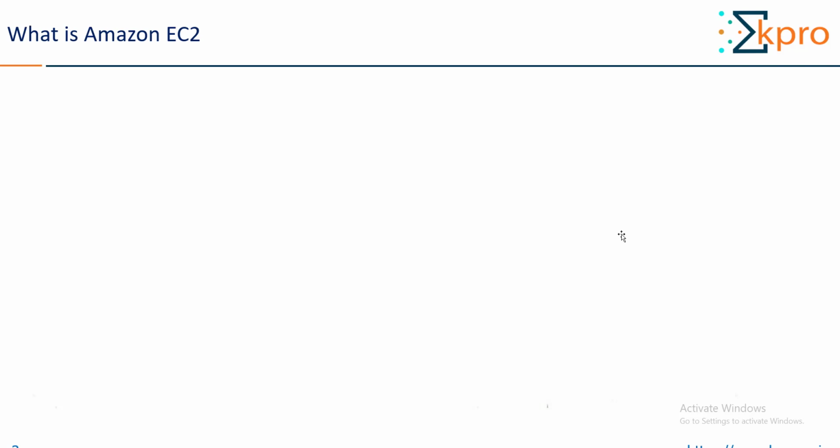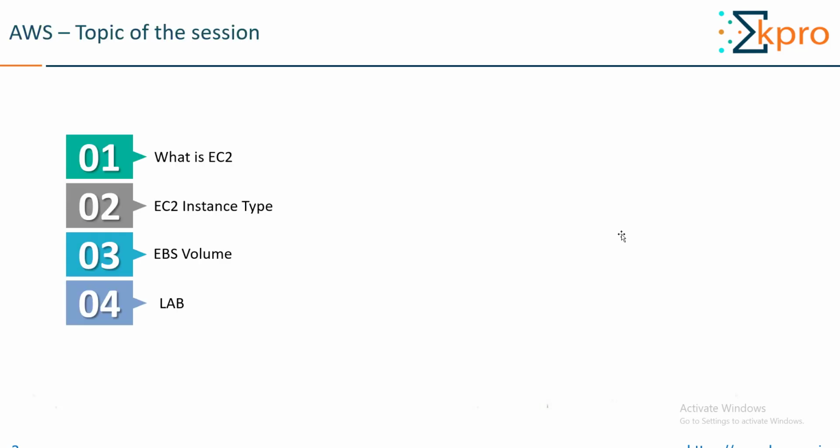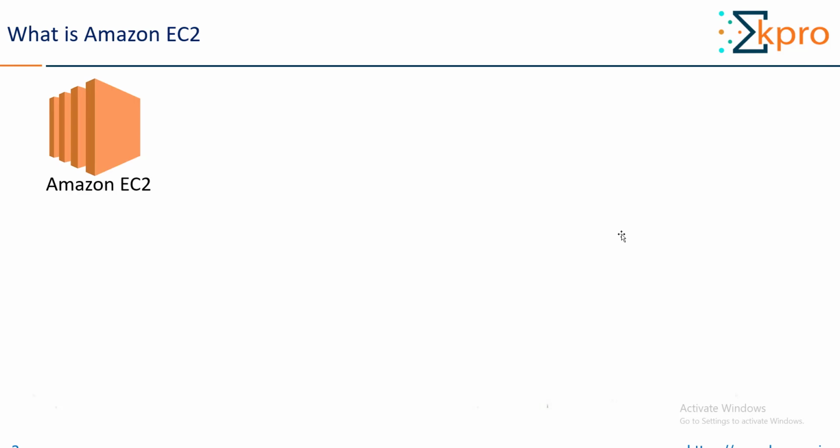Instead of that, in cloud you just have EC2, and EC2 stands for Elastic Compute Cloud, which means that you are just a few clicks away from running your virtual machine. And what is required?